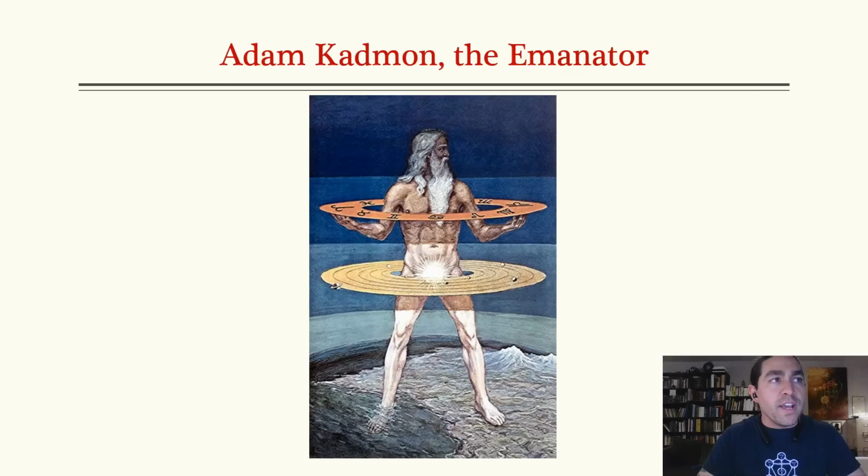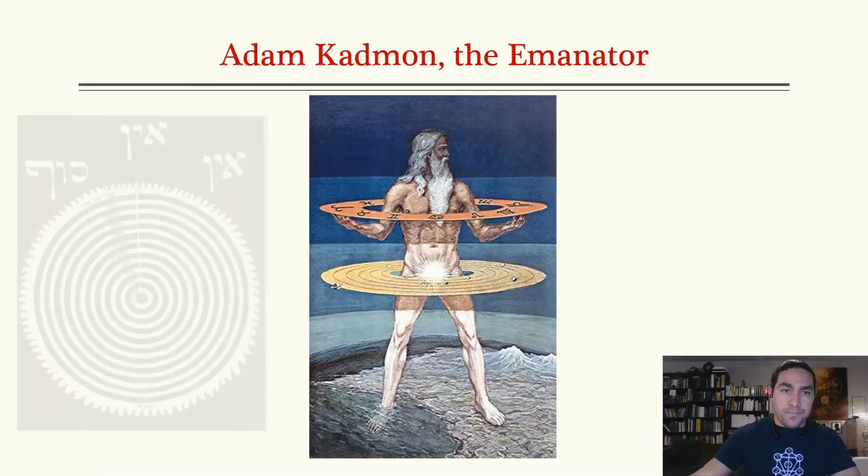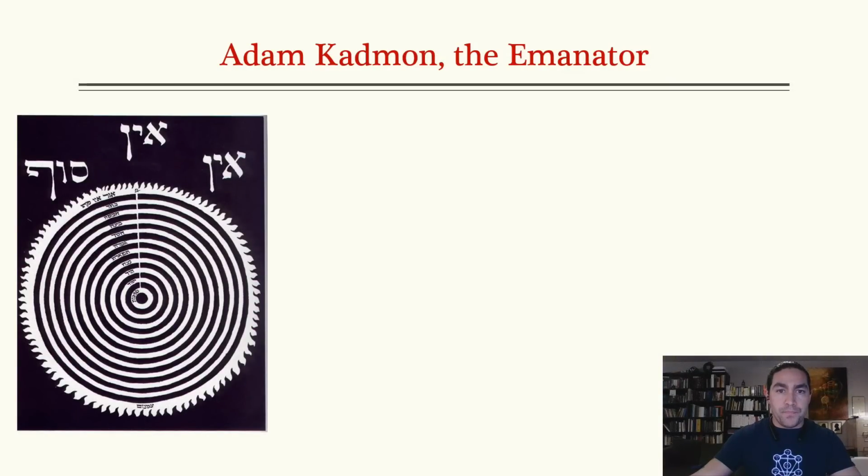You could represent those as the 4 worlds that will come from him. Okay? The Sephiroth that come down into this diagram we saw.